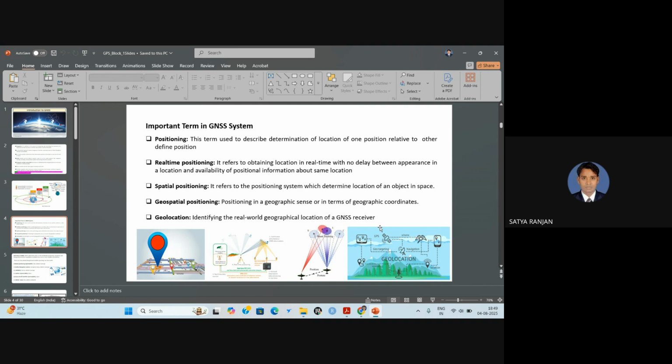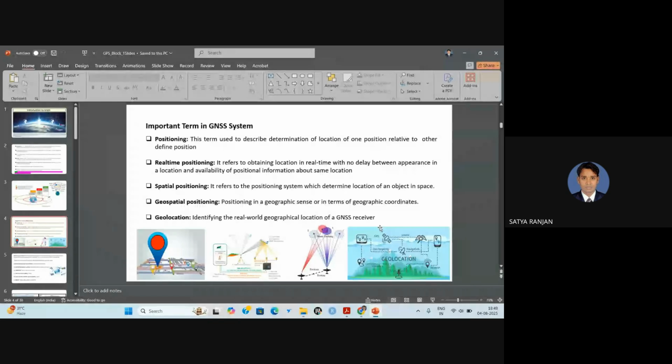Spatial positioning refers to the positioning system that determines the location of an object in space. So for spatial positioning, we get the position data with the help of spatial data like satellite data or some GPS information. So based on space-based information data, we can identify the locations, and that is called spatial positioning.